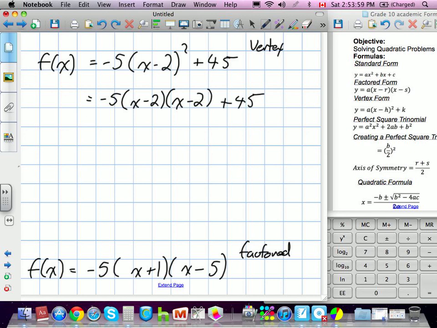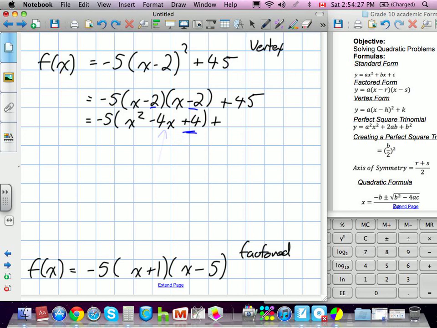I FOIL, so this becomes x squared. Can I jump right to negative 4x? Are you okay with that? Yes. Plus 4. So I already collected those like terms because I did x times negative 2, which is negative 2x, negative 2 times x, which is negative 2x. So I knew it was going to combine to be negative 4x. All right? And then negative 2 times negative 2 gives me positive 4. So I kind of jumped ahead there.